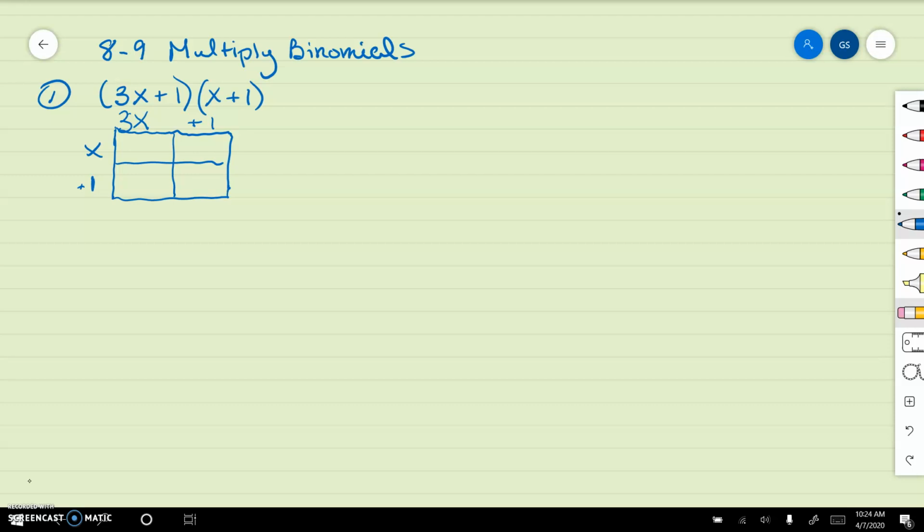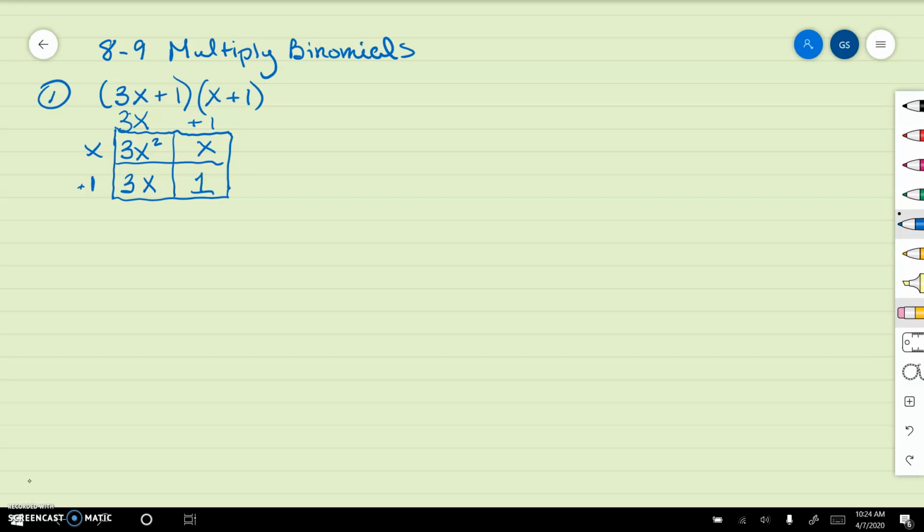Well, x times x is x squared. 3x times x is 3x squared. You just bring that number along. Now the rest of it: x times 1 is x, and then 3x times 1 is 3x, and then lastly we do 1 times 1 to get into the last box.